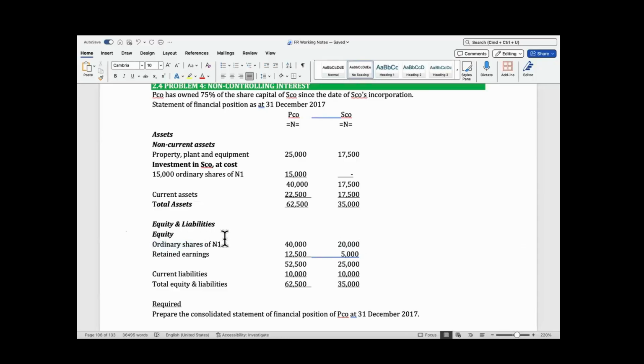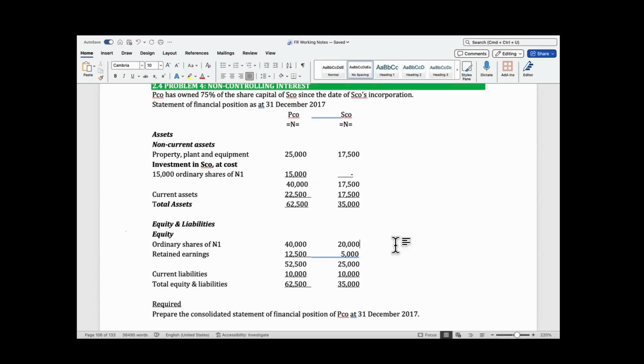So does that mean that our share capital is now 40,000 plus 5? No. And the reason is this. Share capital means the ownership interest of the owners of that company.